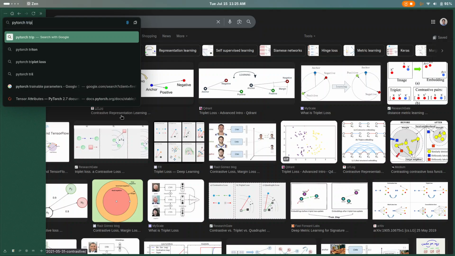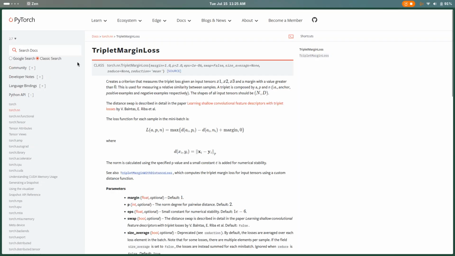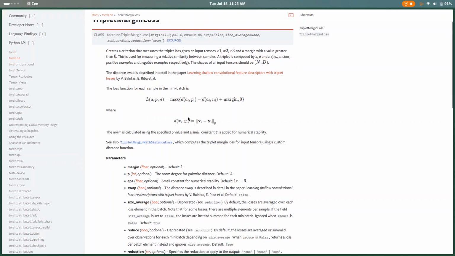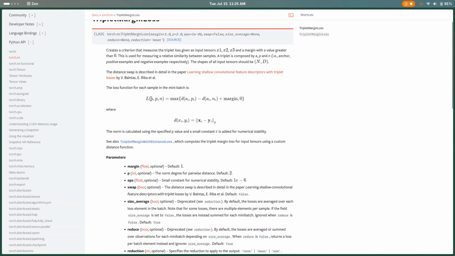PyTorch triplet learning. So PyTorch has a loss function that does this for us. We create a loss function, just like cross entropy or anything we want. And when we call it, we give it the anchor, the positive, and the negative point.